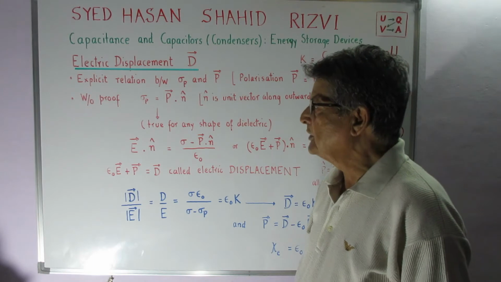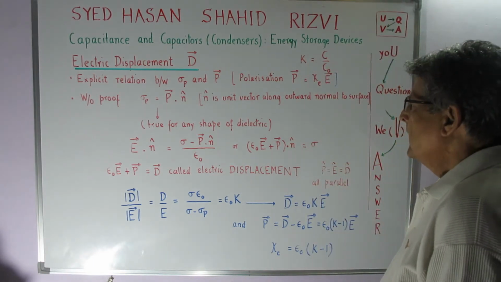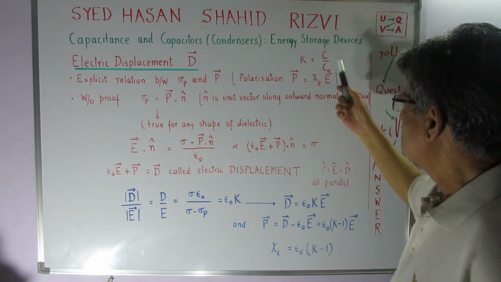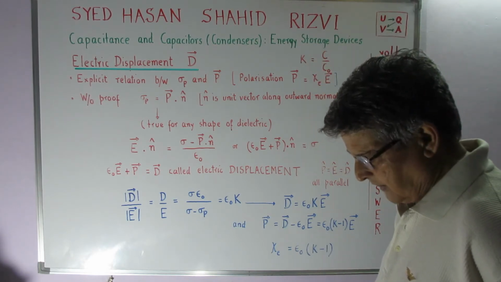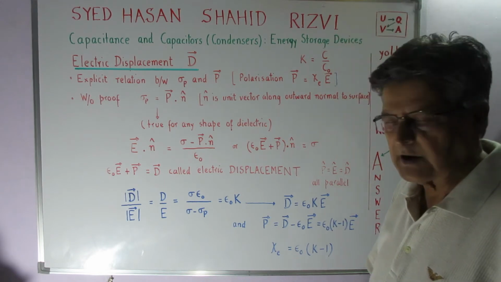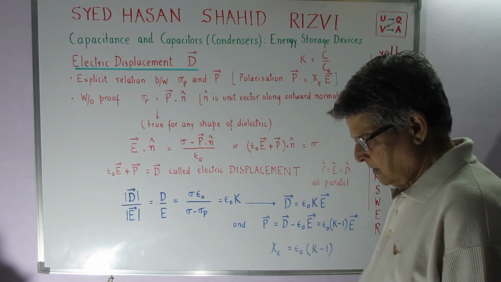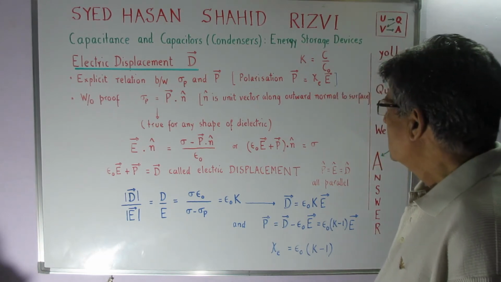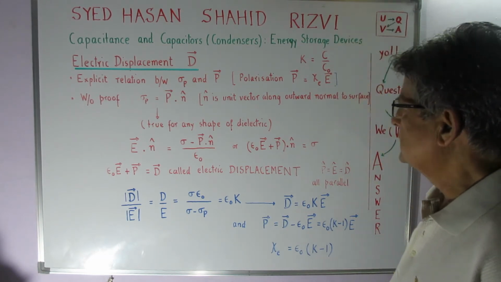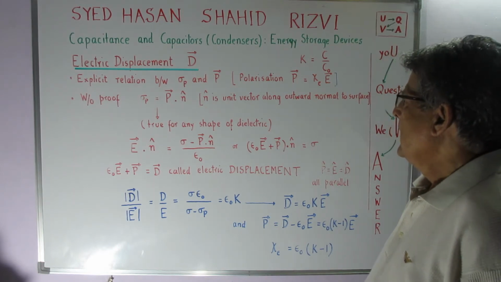This is a new vector associated with the electric field, and I'll just take you to the value of K, which we defined earlier as C upon C naught, where C is the capacitance with the dielectric, and C naught is the capacitance without it.